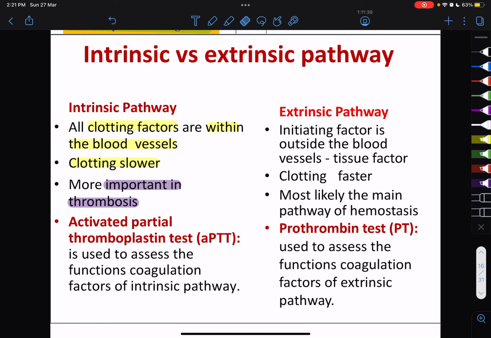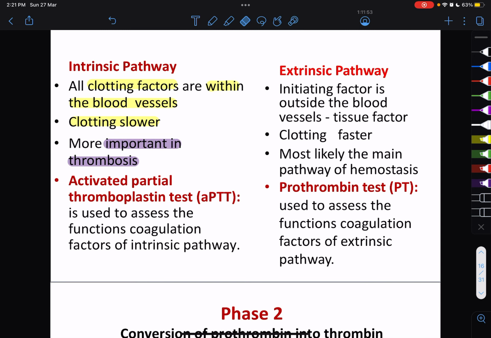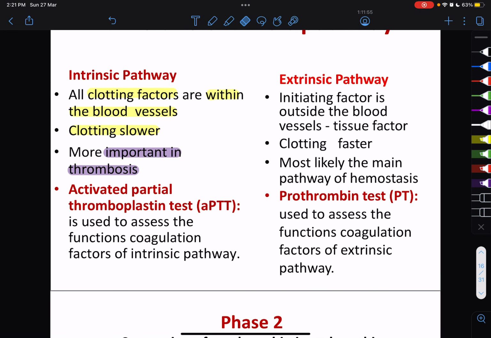It's written here. If I say I am doing APTT for the patient, immediately which pathway will come in your mind? Intrinsic. Okay? You are checking the intrinsic pathway by this APTT test. Alright? Okay.